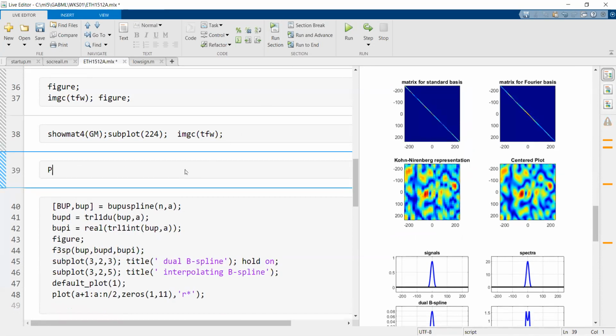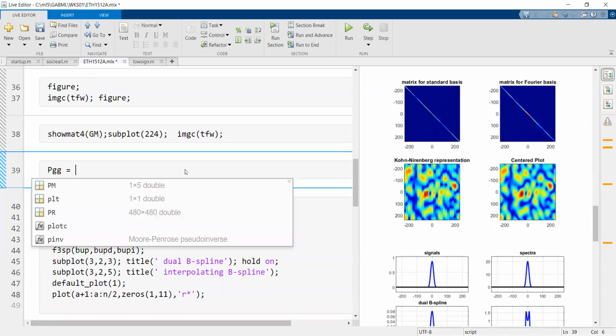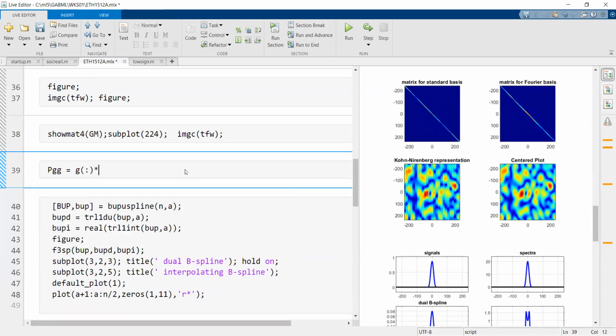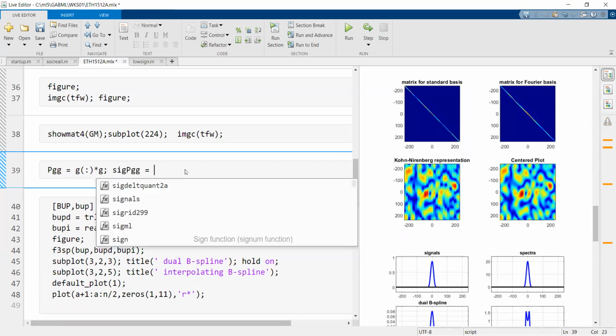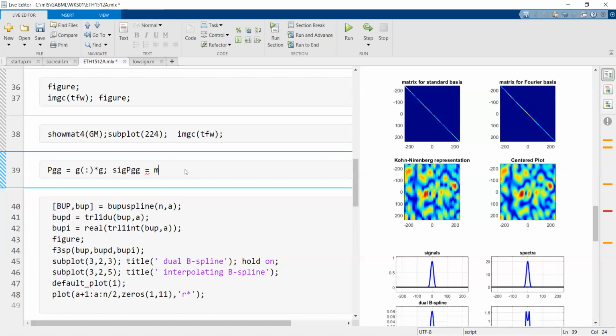So maybe I'm saying P_GG is the G multiplied with R_G. In our case, is this an n by n matrix or so? Sig P_GG is the Kohn-Nirenberg symbol of the P_GG. And I wanted to show you this sig P_GG while I'm talking.